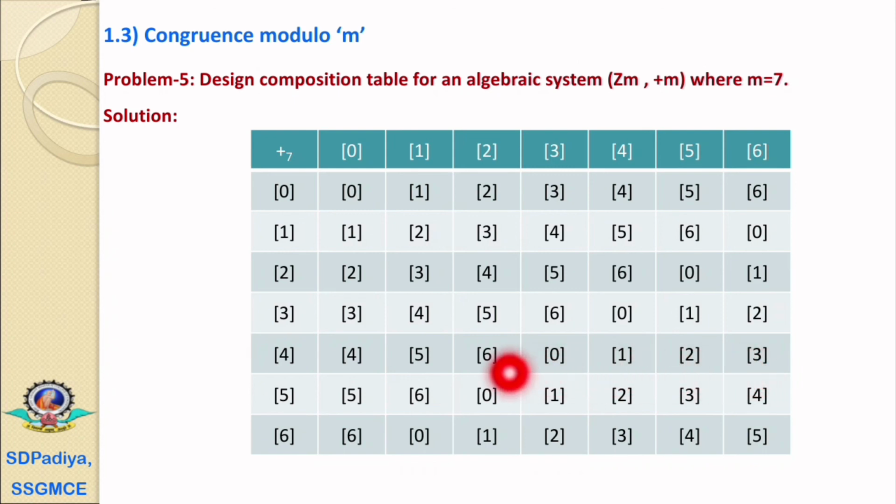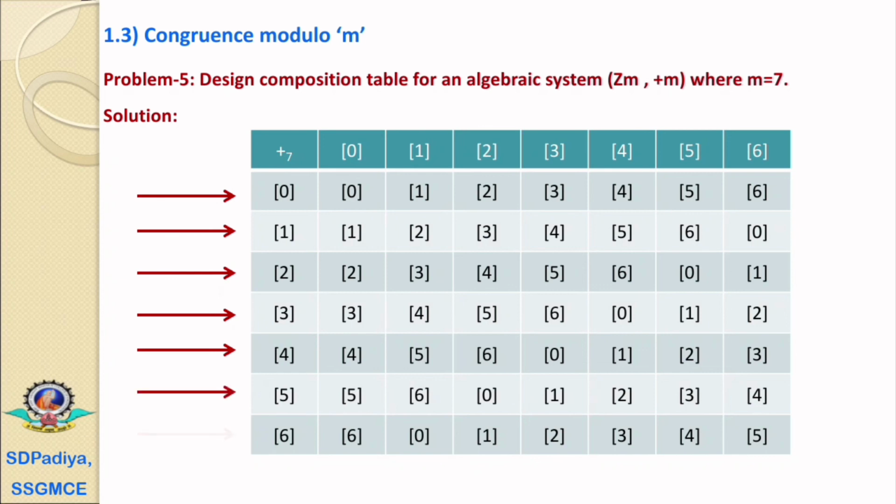And the last for the 6, you can start from 6, then repeat 0, 1, 2, 3, 4, 5. Or you can solve by performing the expression, when i is equal to 1, i is equal to 2, i is equal to 3, i is equal to 4, i is equal to 5 and i is equal to 6.